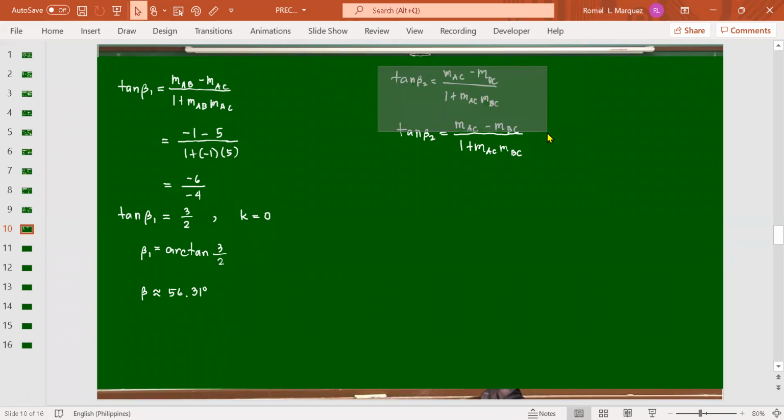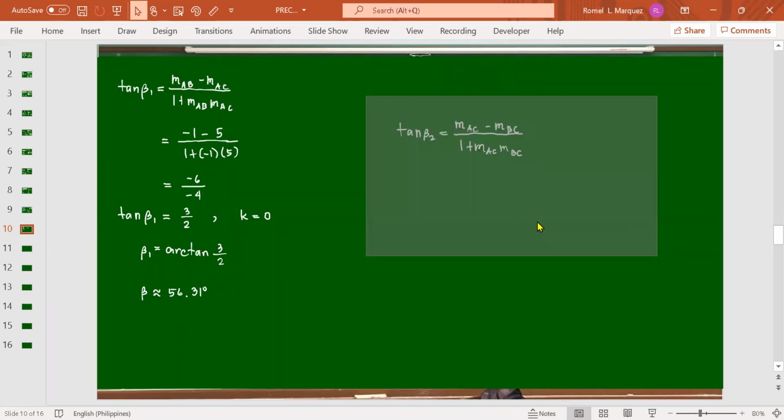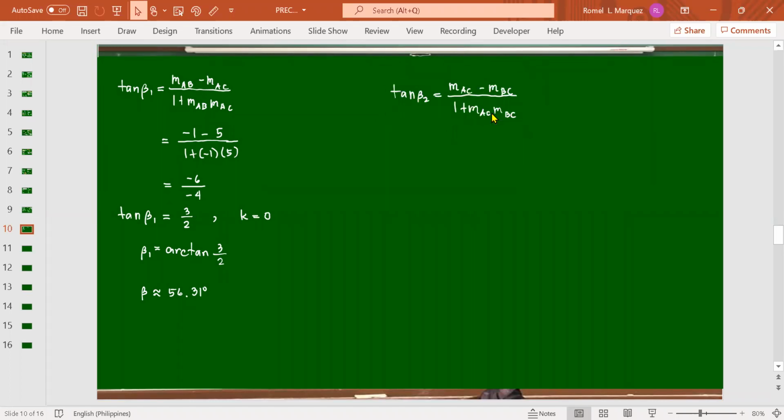All you have to do is to substitute values. Okay. What is m of AC, guys? Positive 5, right? m of BC, negative 1/3. Am I correct, guys?